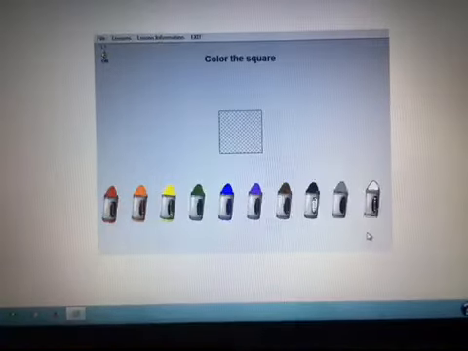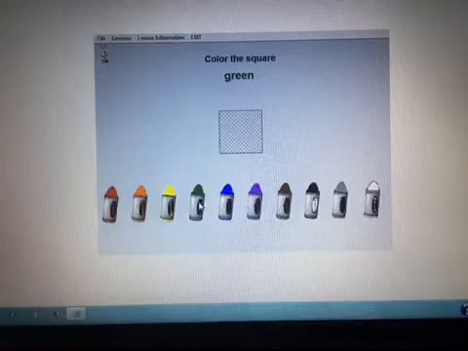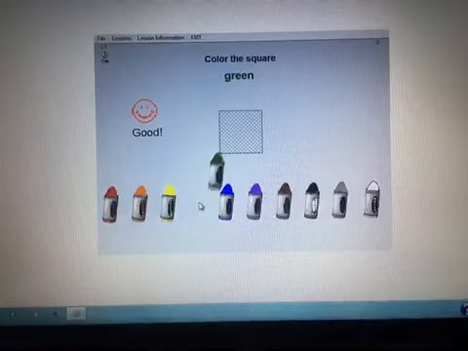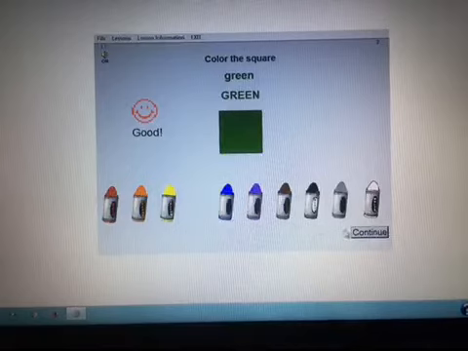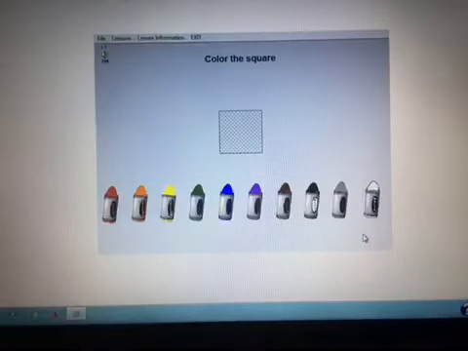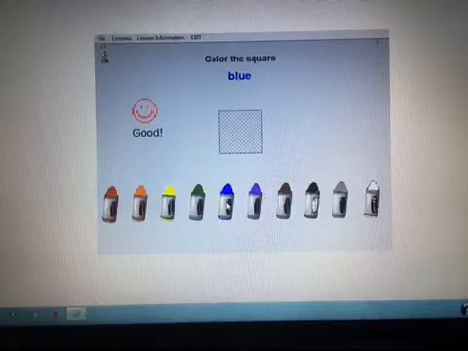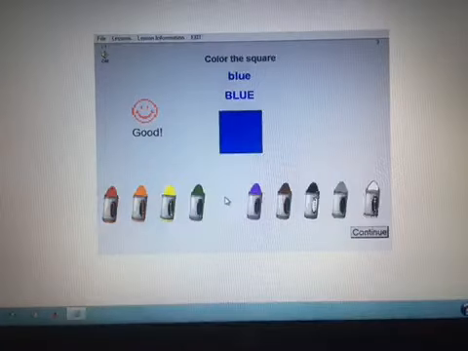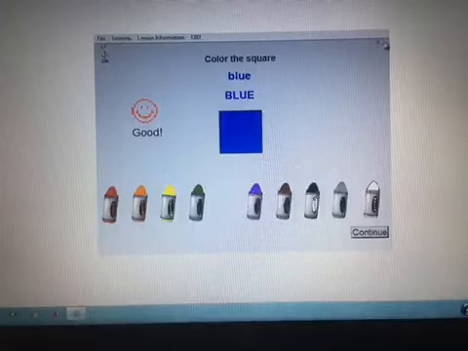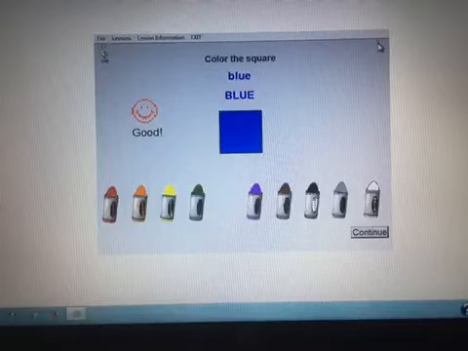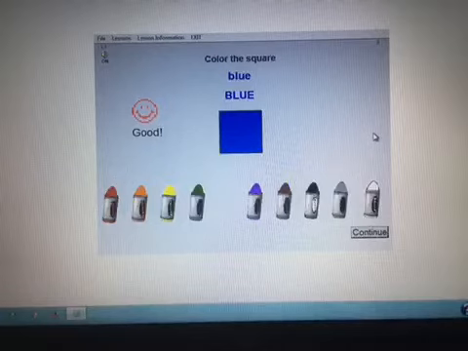Color the square green. Good, green. Color the square blue. Good, blue. So again, we see our correct answer tally. If we make a mistake again, it will go back to 0. So they must get all of the colors before they progress to the next lesson.